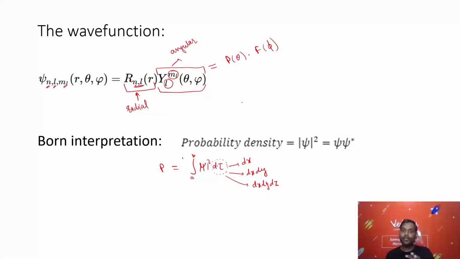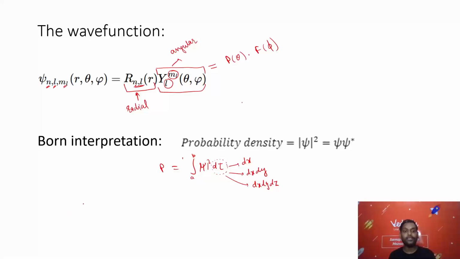Now remember, the probability cannot exceed 1. So sometimes when you have a wave function, you have to normalize that wave function. Normalization means that you have to multiply the wave function with a constant, making sure the total probability in the entire space, from minus infinity to plus infinity, does not exceed 1.